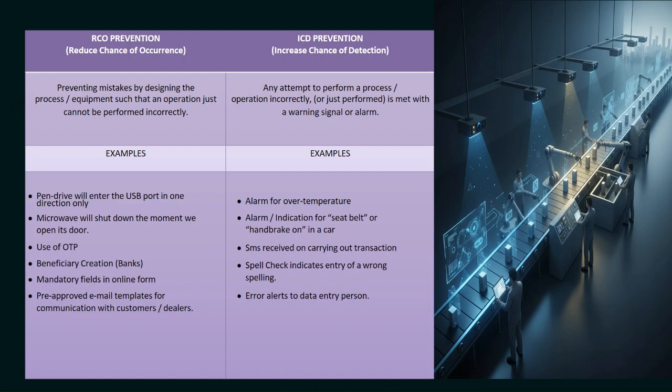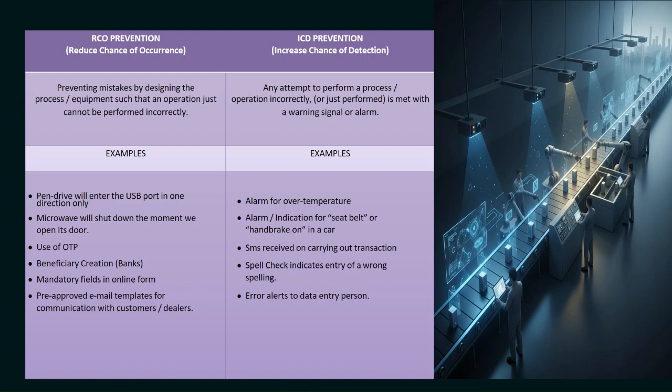Look at this increase in chance of detection. When something happens, it will detect. An alarm for over temperature: in a microwave oven, when the temperature is high, it should immediately say so, but still it will work. An alarm indication for the seat belt is an increase of chance of detection. In your daily practice, ensure RCO and ICD are available.